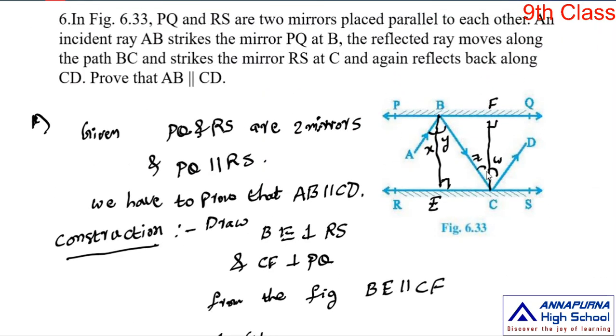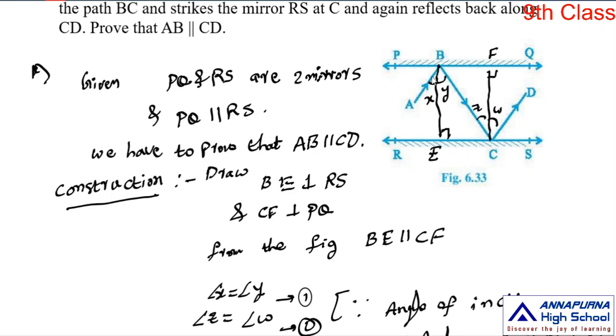Angle ABC and angle BCD are alternate interior angles and equal. So the rays AB and CD are parallel.